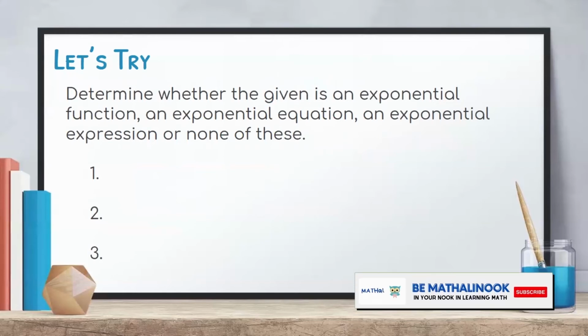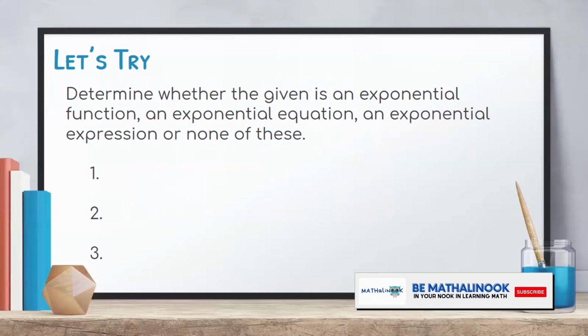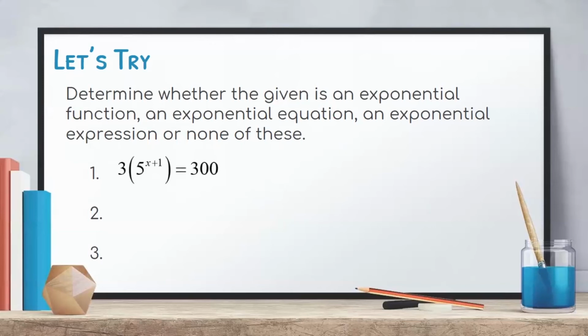Let us try to determine whether the given is an exponential function, an exponential equation, an exponential expression, or none of these. For the first one, we have 3 times the quantity 5 raised to x plus 1 equals 300. Looking at the given, notice this exponential expression with an equal sign.